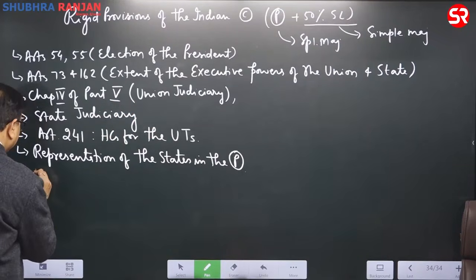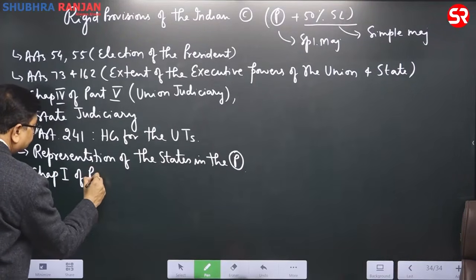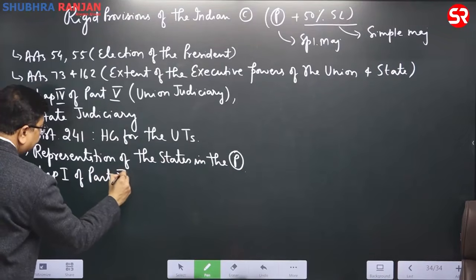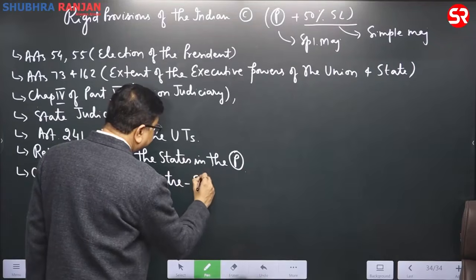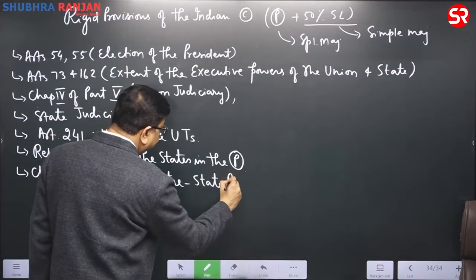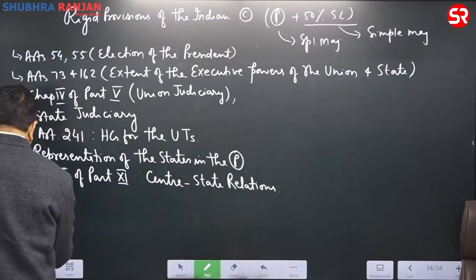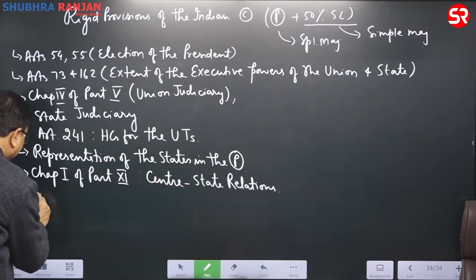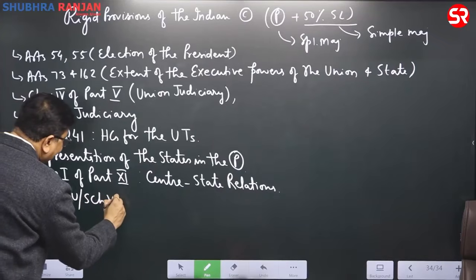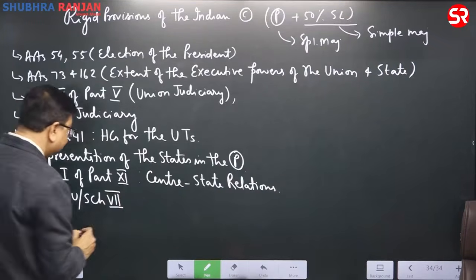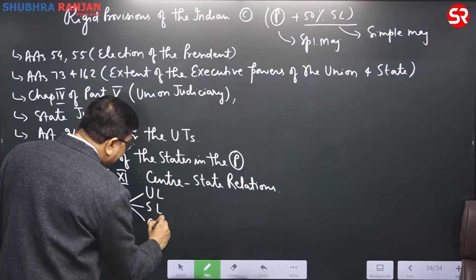Then chapter 1 of part 11, dealing with center-state relations. Then the 3 lists under Schedule 7, union list, state list and concurrent list.